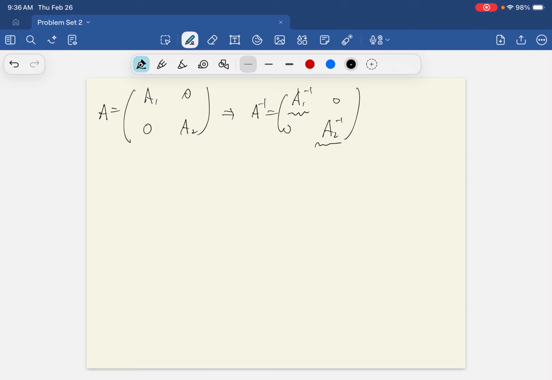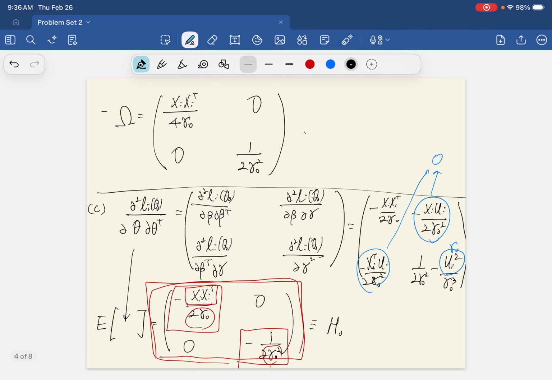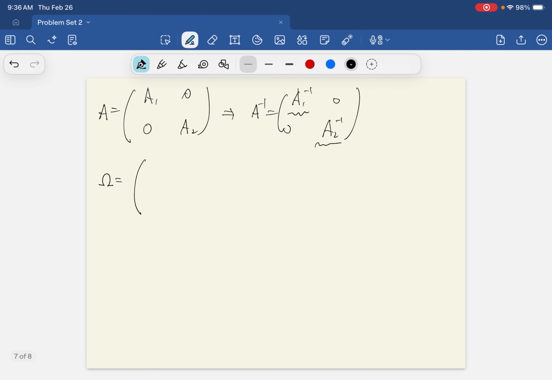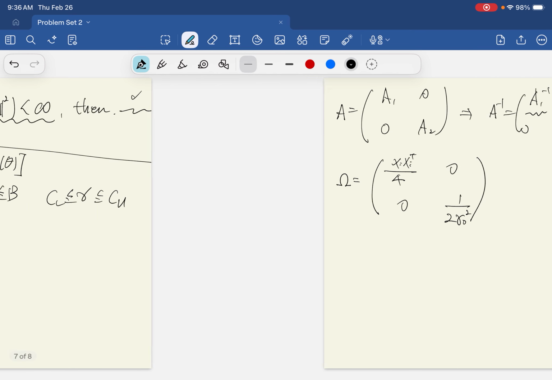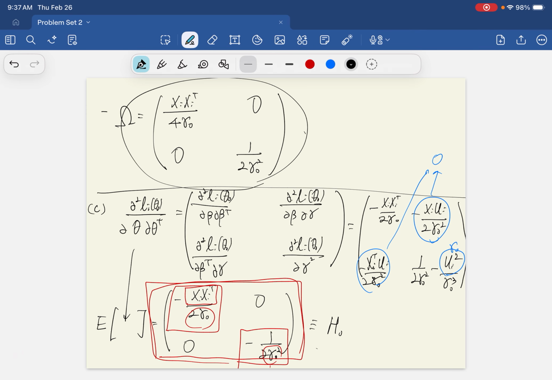That is pretty straightforward. And now let's collect all the information. Omega was, I forgot, I didn't write it down. Omega was xi transpose over gamma 0 in the first block, 0, 0, and 1 over 2 gamma 0 squared. Okay, and then H is here.